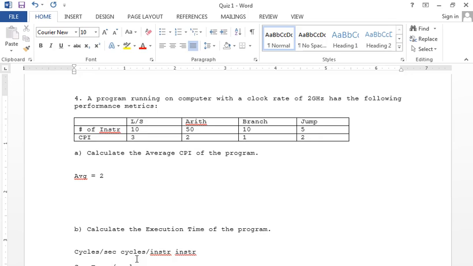When we get down here, that's going to be 1 over the clock rate. Now I somehow have to get rid of cycles. Yep, cycles per instruction, because this will cancel out.